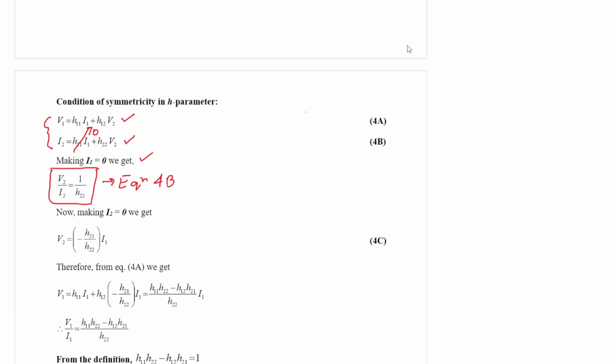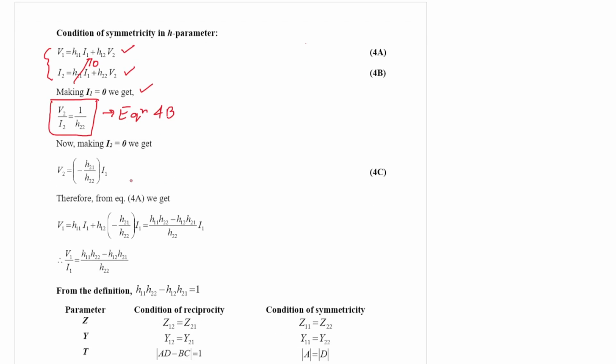Now by a similar process, if you make I2 equal to 0, you will get V2 is equal to minus H21 by H22 into I1. If you substitute this V2 value in equation 4a, you get V1 is equal to H11 I1 plus H12 times minus H21 by H22 into I1.